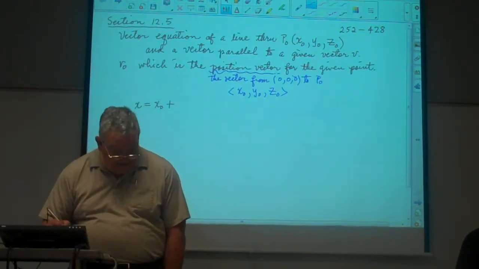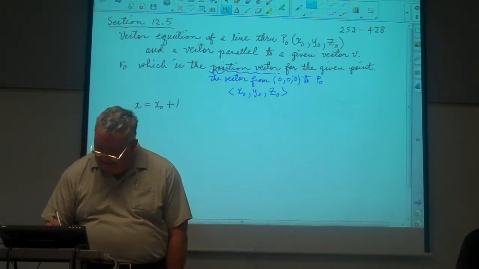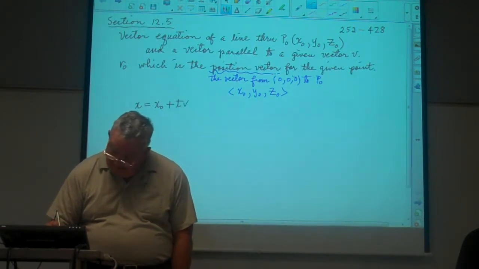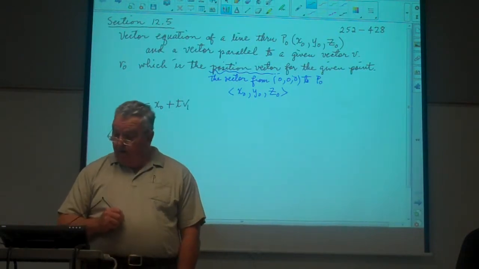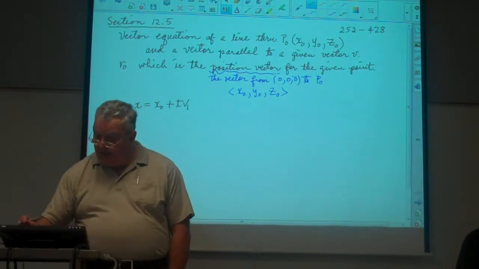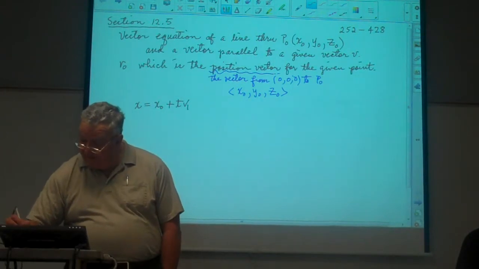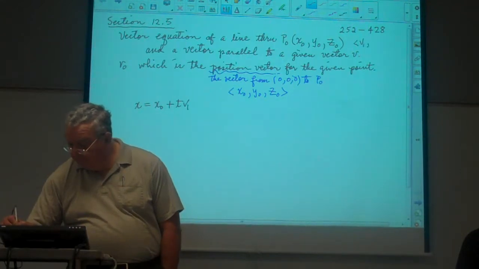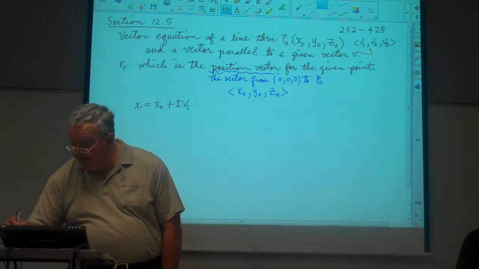Plus t v1, where v1 is the component of the vector v.